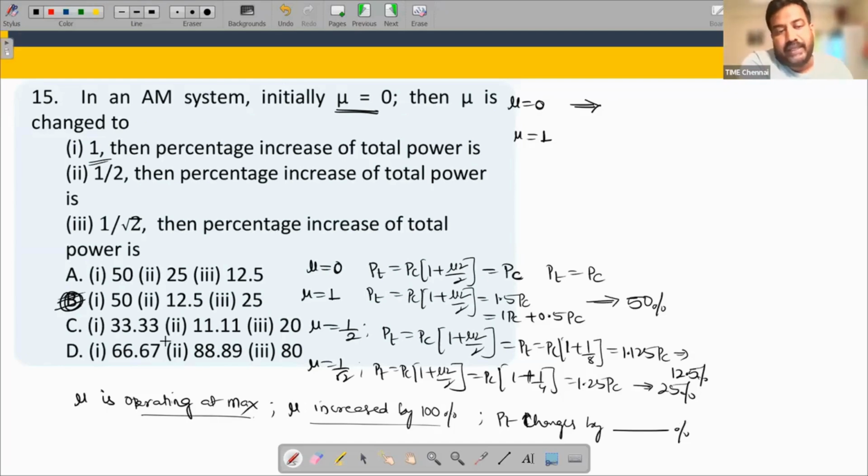What is the change in PT? Calculate PT here, calculate PT here, and tell me the change.